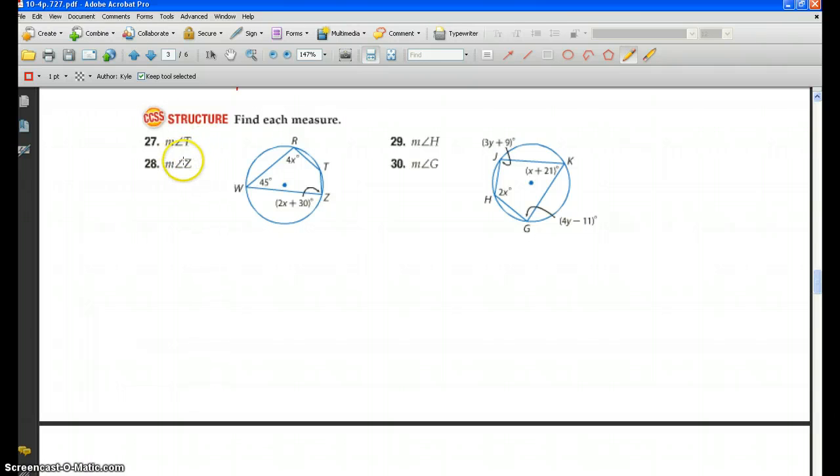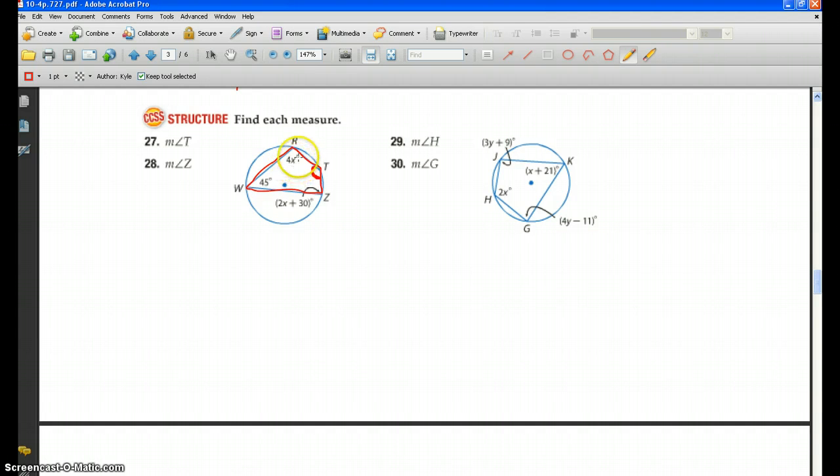Number 27, find the measure of angle T. So the measure of angle T is going to be half. Whoops, I need to do this a different way. Sorry. The measure of angle T is part of this inscribed quadrilateral. It's an inscribed quadrilateral because all 4 points are on the circle.